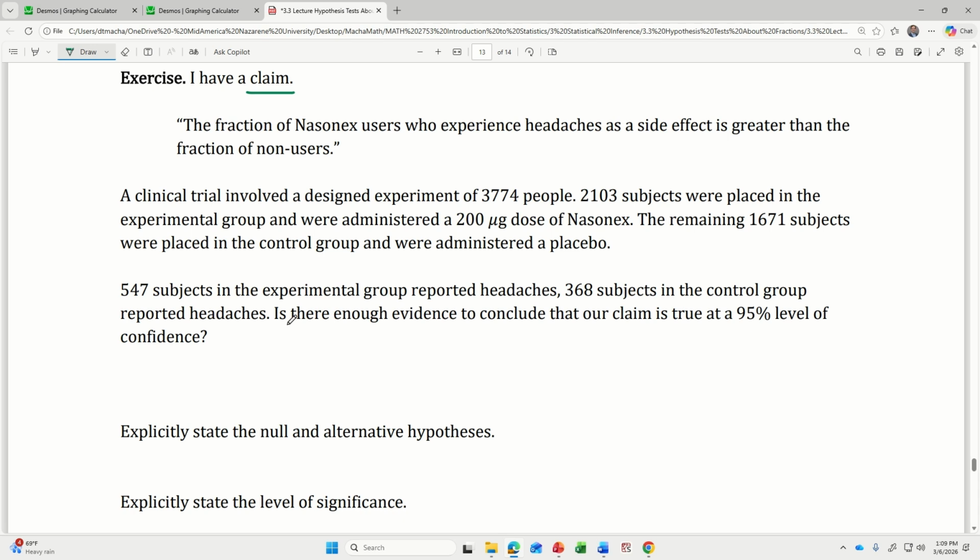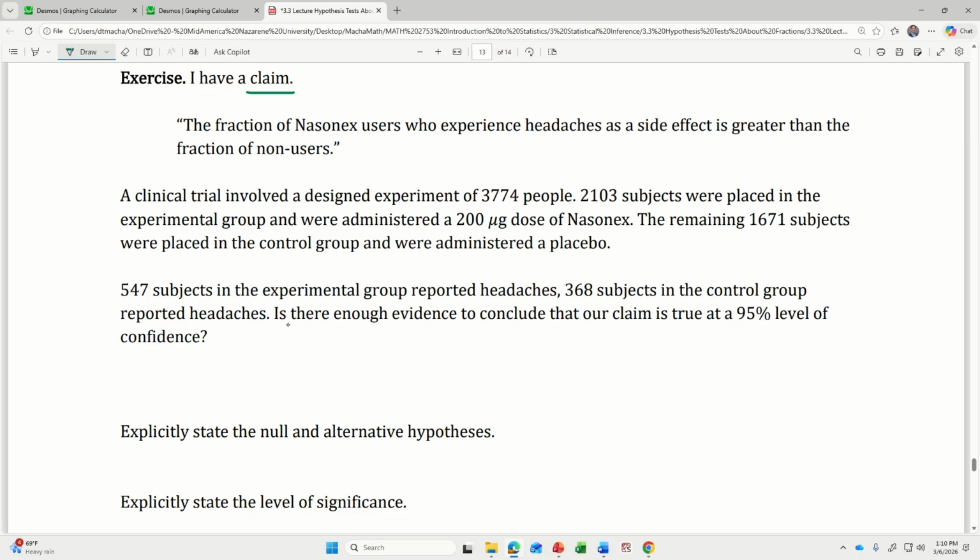The remaining 1,671 subjects were placed in the control group and were administered a placebo. 547 subjects in the experimental group reported headaches. 368 subjects in the control group reported headaches. Is there enough evidence to conclude that our claim is true at a 95% level of confidence?